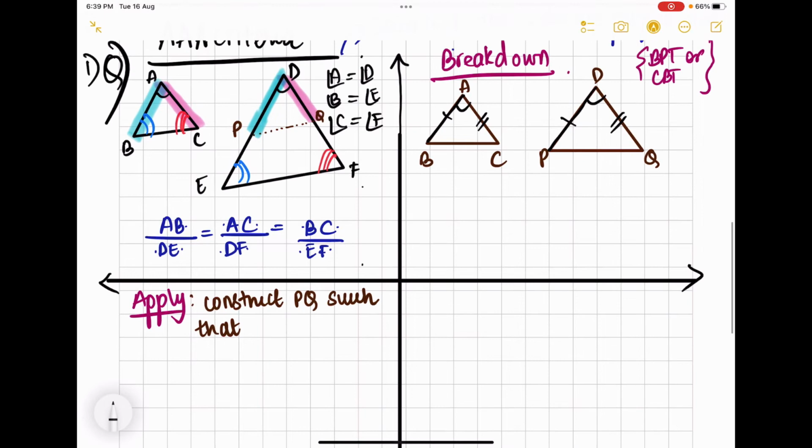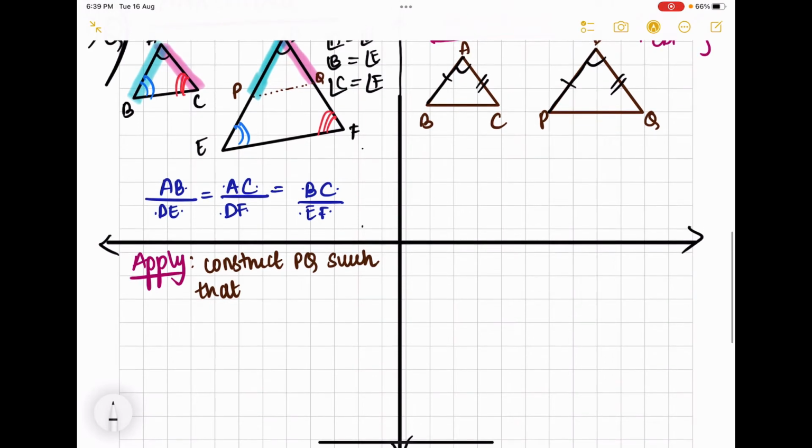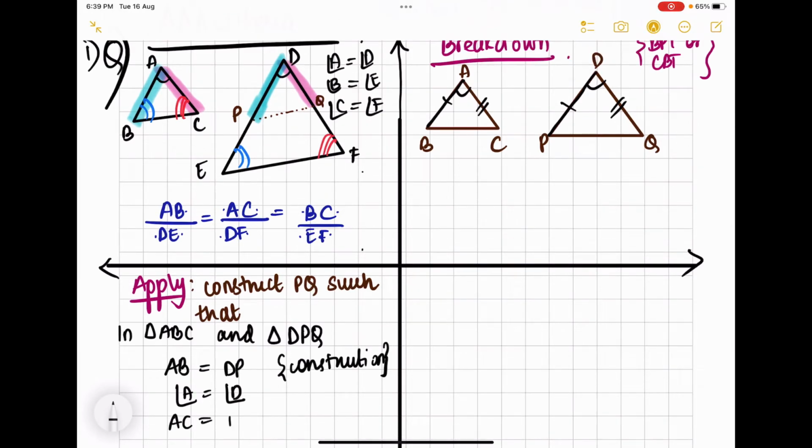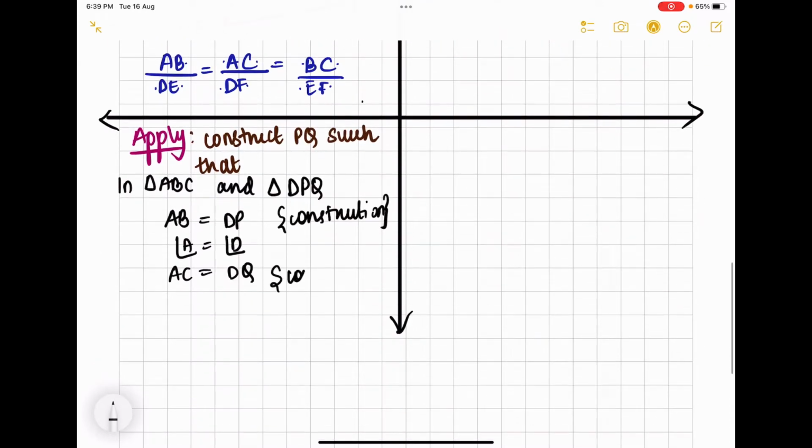We can see that these two triangles look like they are congruent. Let's see how. We have AB in triangle ABC and triangle DPQ. AB is equal to DP by our construction. Angle A is equal to angle D, which is given, since the two triangles have equal angles. And AC is equal to DQ by our construction.